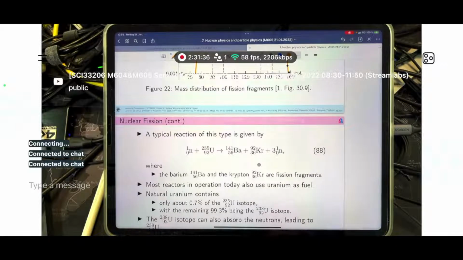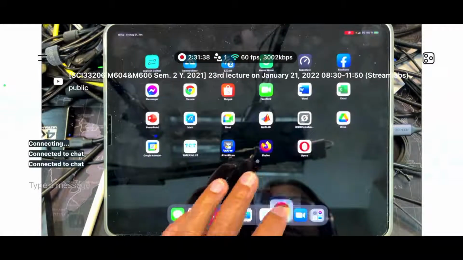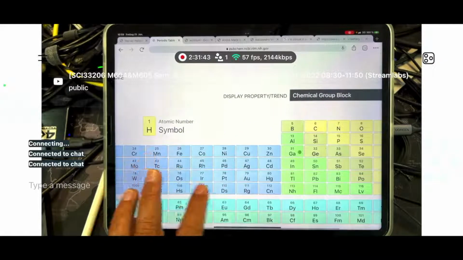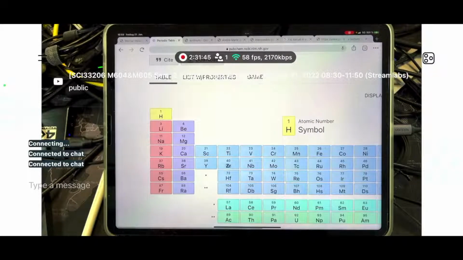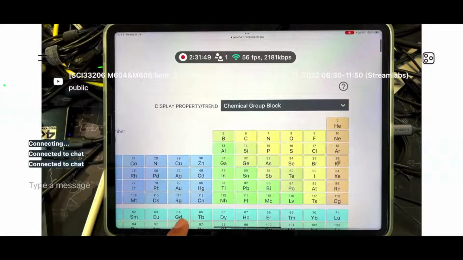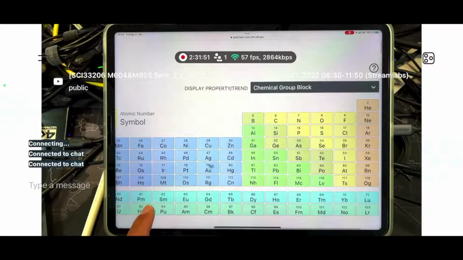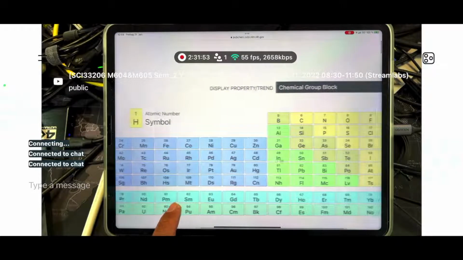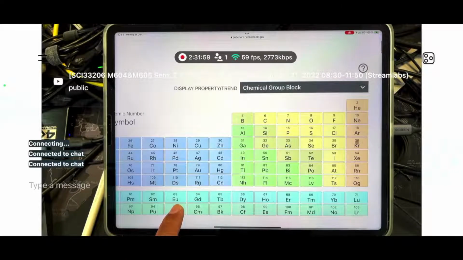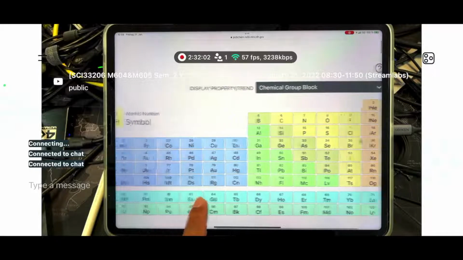Krypton has 36 protons. Where is that? 36, here. Krypton and barium, 56 and 36, here in the periodic table.